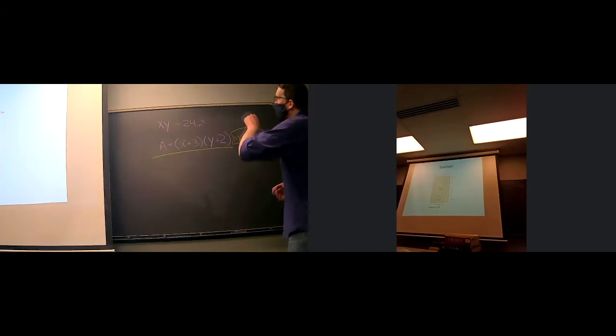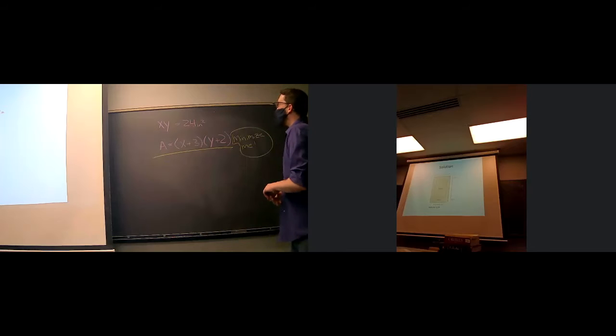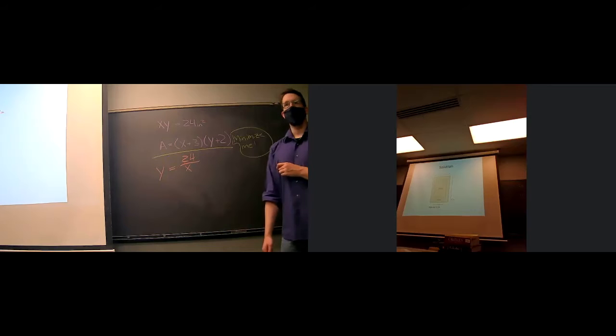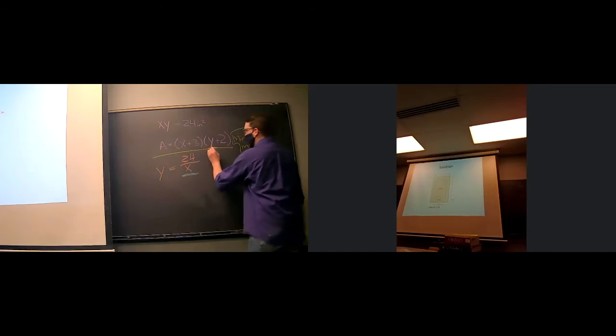So given all of the information we've got, we can start by saying, I can set up a relationship between x and y using this, right? Agreed? So why don't we solve for y here? When we do that, we're going to get that y is equal to 24 divided by x. And now, why don't we plug this into that?